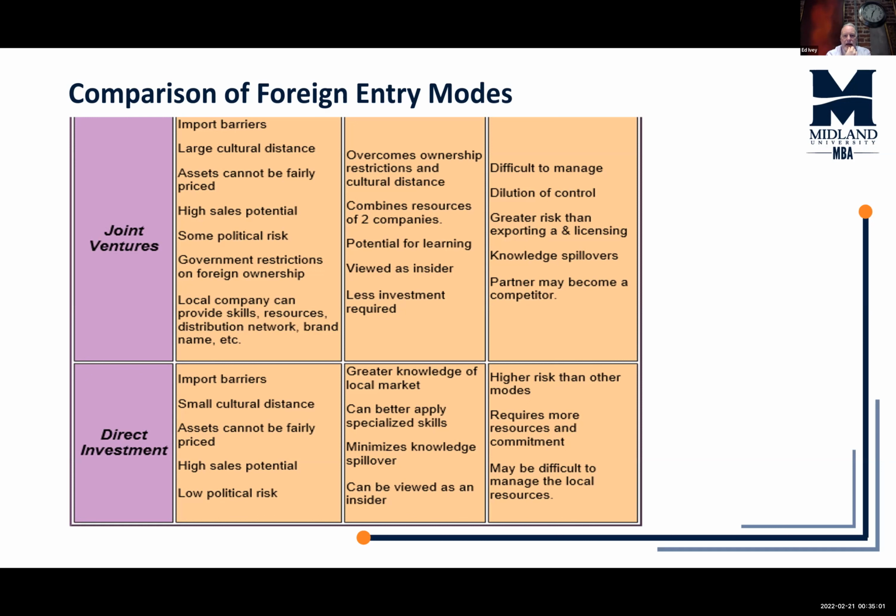As well, if the assets cannot be fairly priced, or if you do have a high sales potential, you do have some risk. Again, from a political standpoint, having that joint venture, you having perhaps a 49% stake, and the company in the target country having a 51% stake, that will definitely help with the political risk and the government restrictions for foreign ownership.